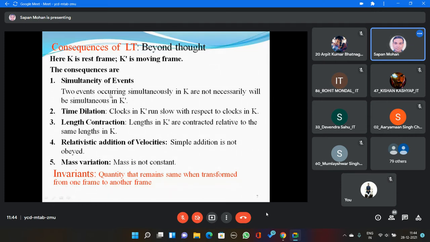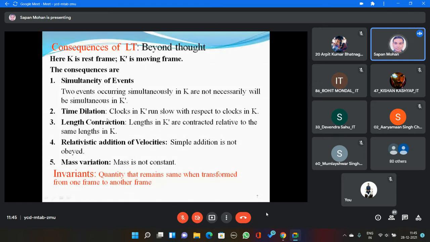Two events that occur simultaneously in the K frame are not necessarily simultaneous in the K dash frame. If two events occur at the same time in the K frame, it doesn't necessarily mean that they will also be at the same time in the K dash frame. I will explain it later.